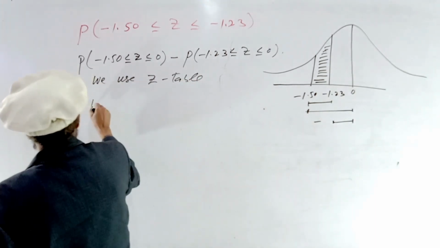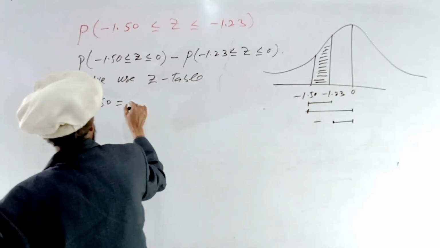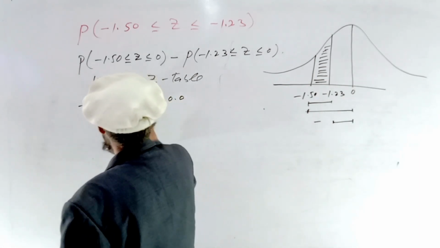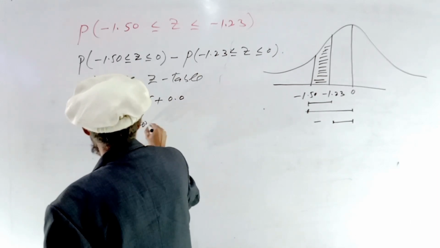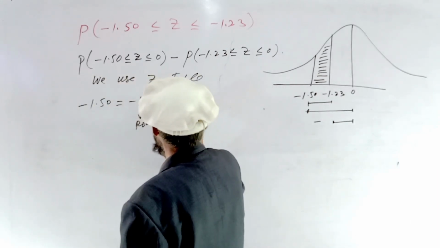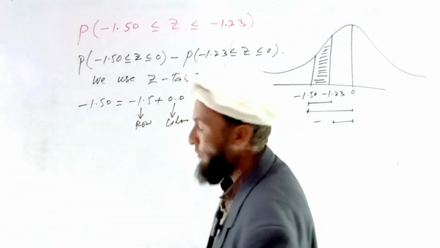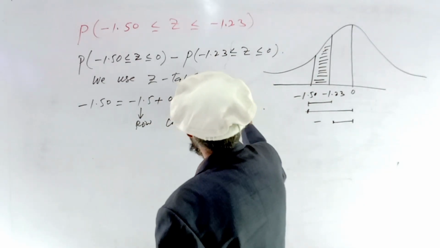Minus 1.50 means minus 1.5 plus 0.00. We check this row and column, so the result is equal to 0.4713.